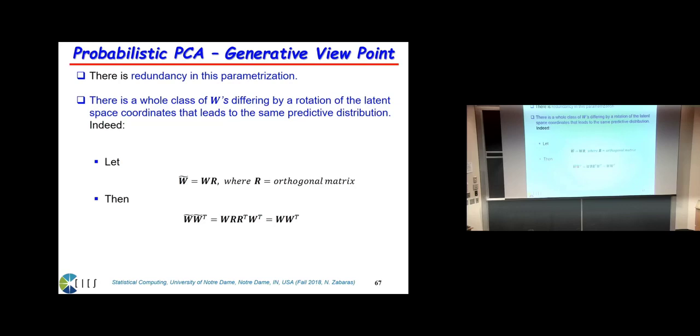You form W transpose, because this is what comes in the likelihood, and the calculation of W will be by maximizing the likelihood. You can see R transpose R is identity, so you get the same answer. You can rotate the whole subspace and nothing changes.